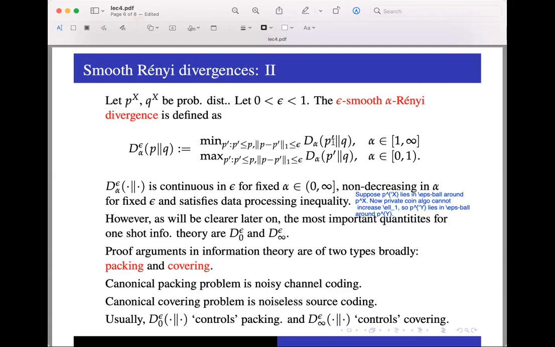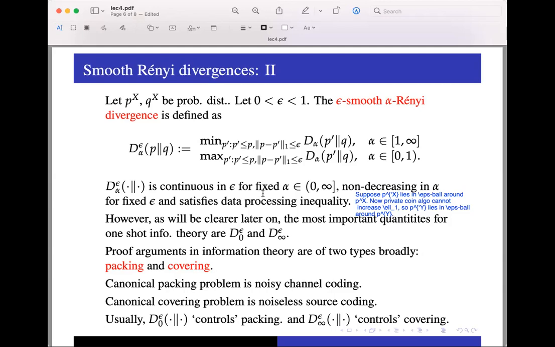Remember, d alpha is continuous in its probability vectors, in this case P prime and Q. So you can put all these arguments together, make them rigorous, and conclude that d epsilon alpha is continuous in epsilon for fixed alpha. We are not going to do the details in this course, but I just wanted to share some information, and we're going to assume this.